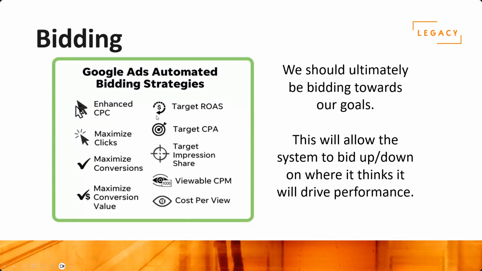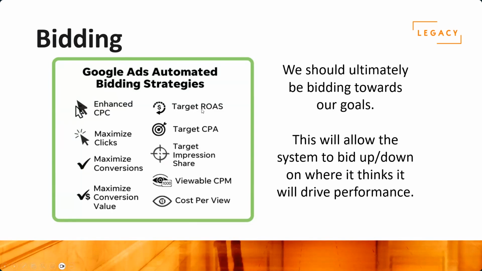Bidding is super important. There is manual bidding within Google Ads, but we're moving more and more to automated bidding strategies. Enhanced CPC is something that I think Google is going to sunset quite soon. The main automated bidding strategies are maximize clicks and maximize conversions; for a lead gen campaign, target CPA; and if you're running e-commerce or tracking revenue, target ROAS.